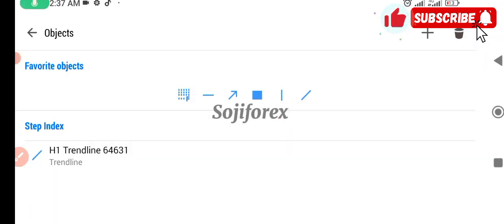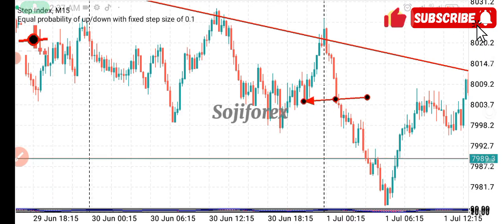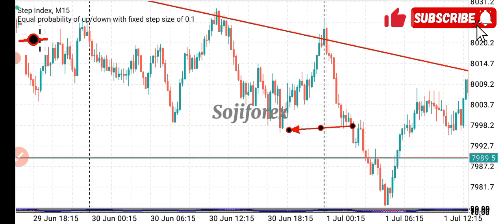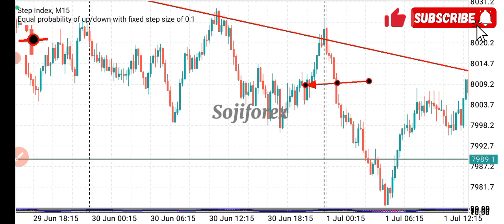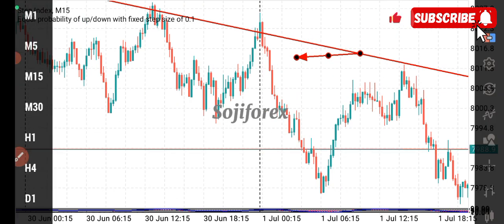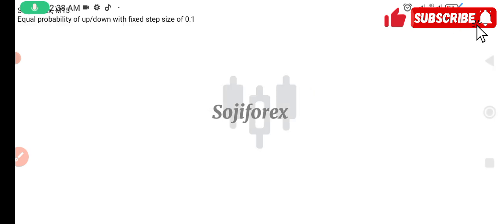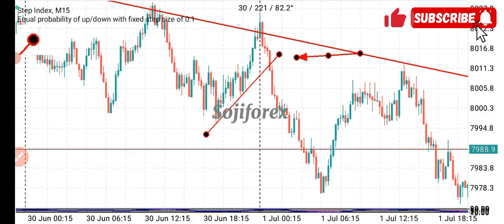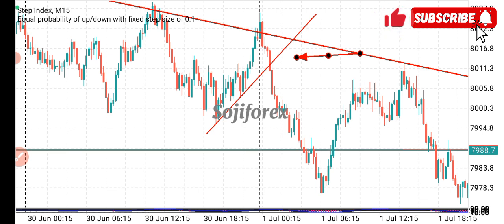The next thing is, price moved from this zone and pulled to this downside, and then immediately price pulled here to some extent, you begin to see price coming back to the upside. So what you need to do, you pick up your trend line and mark the movement of this price to the upside.